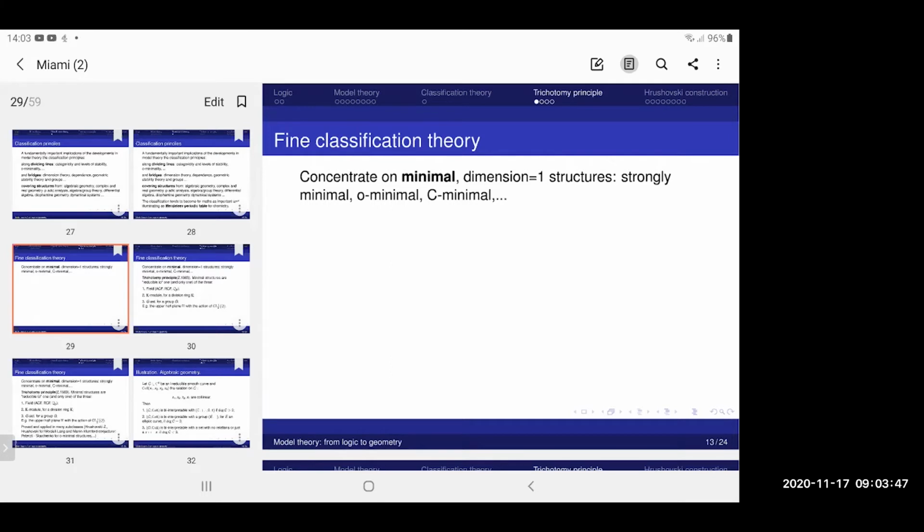It is as if we look through a magnifying glass into a specific kind of structures, which we call minimal structures. The shortest way of understanding where this minimal comes from is that it is a minimal dimension for infinite structures. So it is dimension 1 structures, in other words.